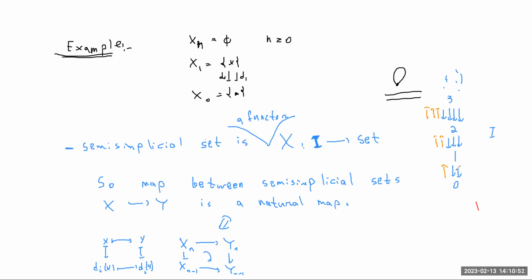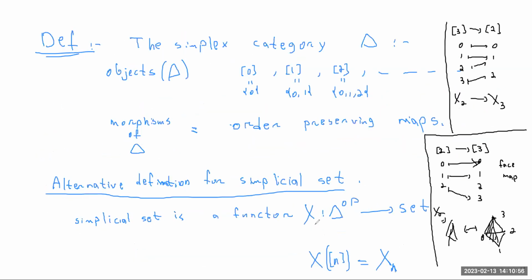But then we take the functor to be contravariant. So in this category Delta, we have some order map, what I described here. Let's call this one S1, because it repeats this in 1, and let's call this one D2.